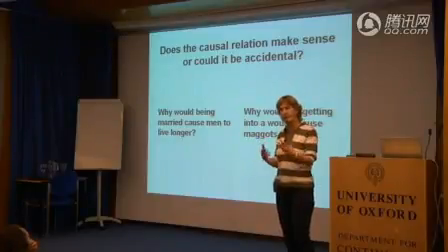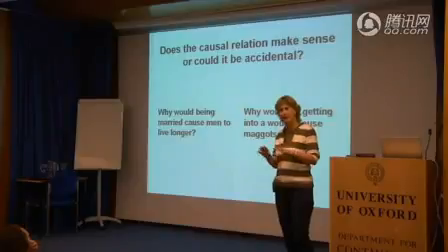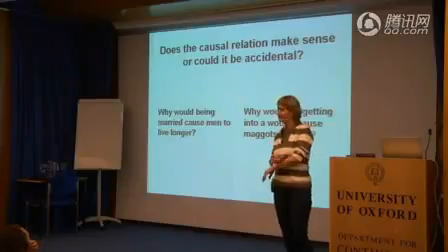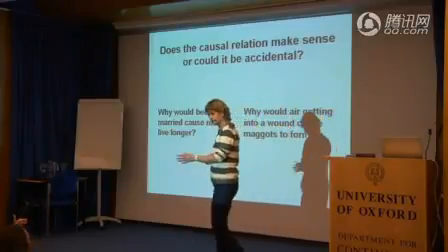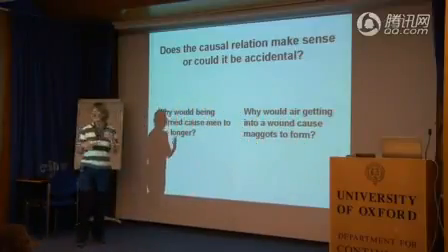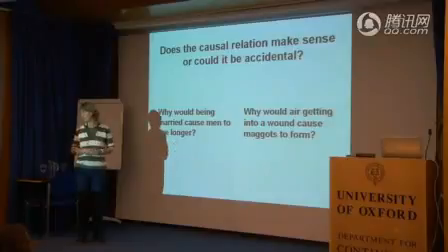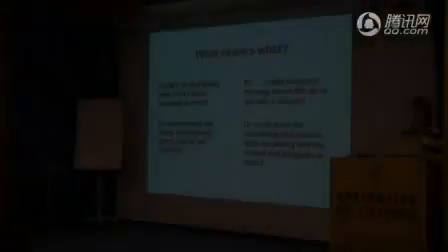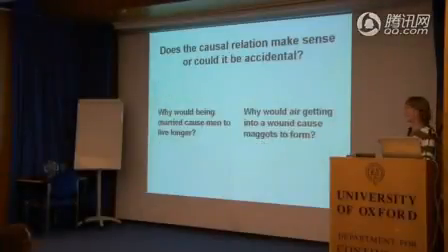So she's formed a hypothesis: could it be that air getting into the wound causes maggots? But why would that be the case? Perhaps because there's something carried in the air that causes maggots to form, and actually we know now that that is the case. So, okay, does the causal relation make sense?